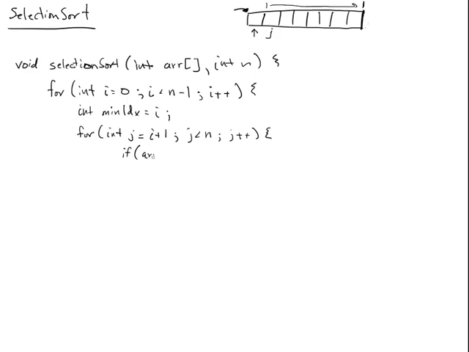So if array of j is less than the array at minIndex, then we set minIndex equal to j. That means that the value that we found is smaller than whatever our current minimum is.